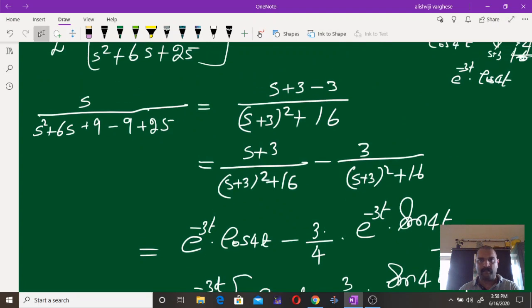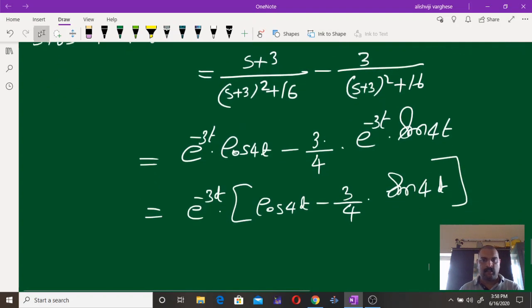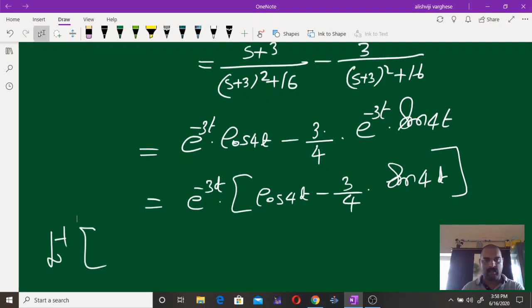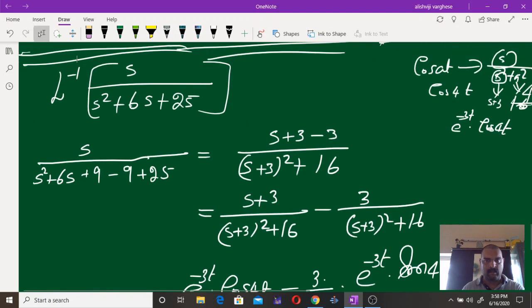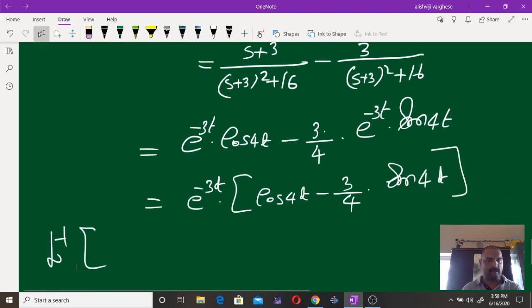And from here we can have a formula for the Laplace transform of s by s plus a the whole square plus b square.